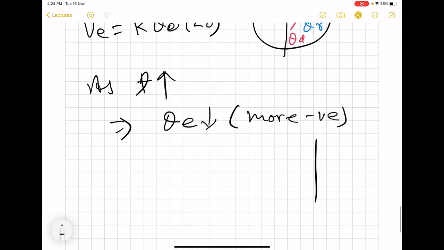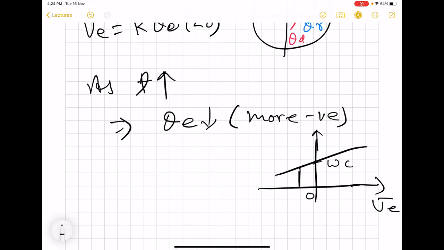So if you see the VCO characteristic, then this is the plot for VCO. So here we see that at t is equal to 0, for example, we will be operating here at this moment, and this will have a frequency omega 1. So this is at t is equal to 0. So now as time passes, this V will become more negative, say here. So this is VE2, this is more negative.